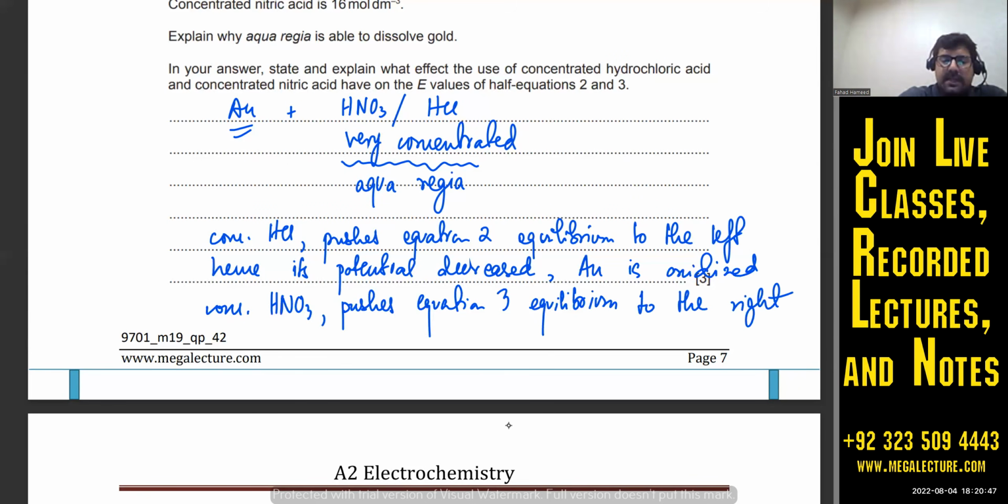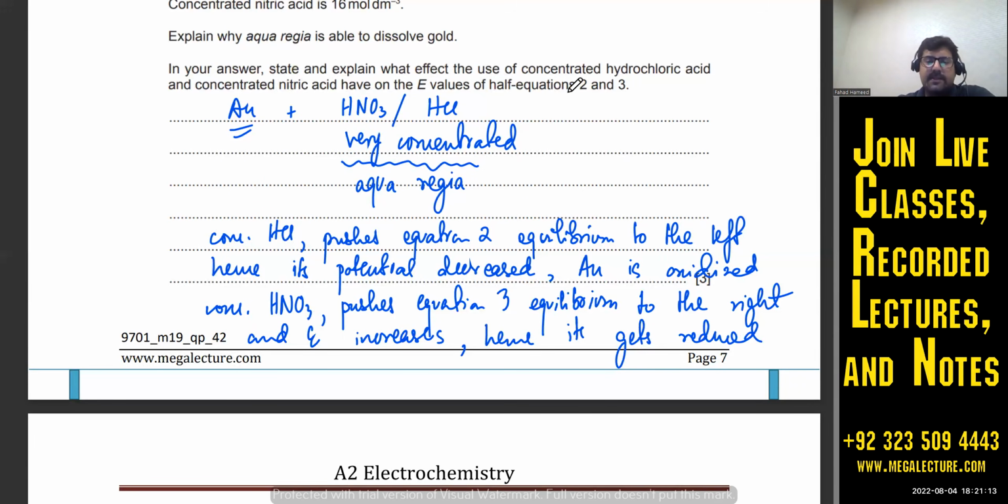And its potential increases. The E0 value increases. Not the E0, sorry, this is non-standard condition, so don't use naught. I'll just use E. Hence, it gets reduced. Because that's your 3-mark answer to this.